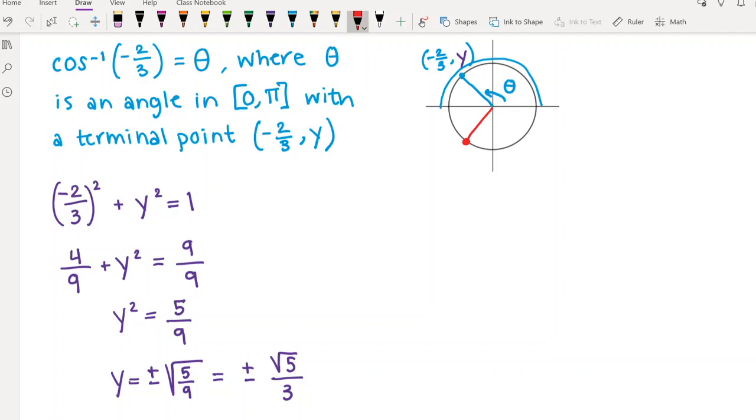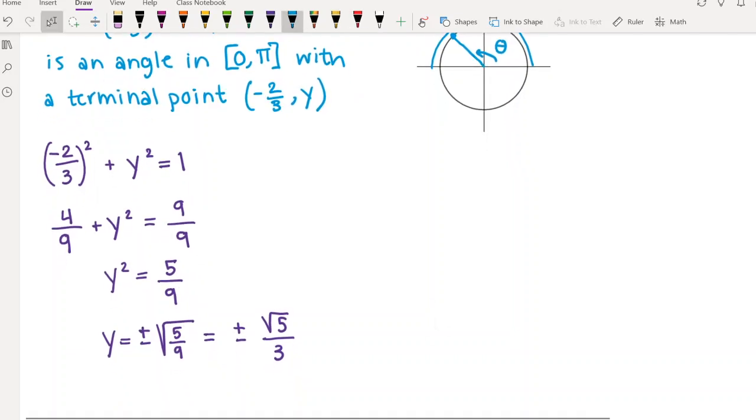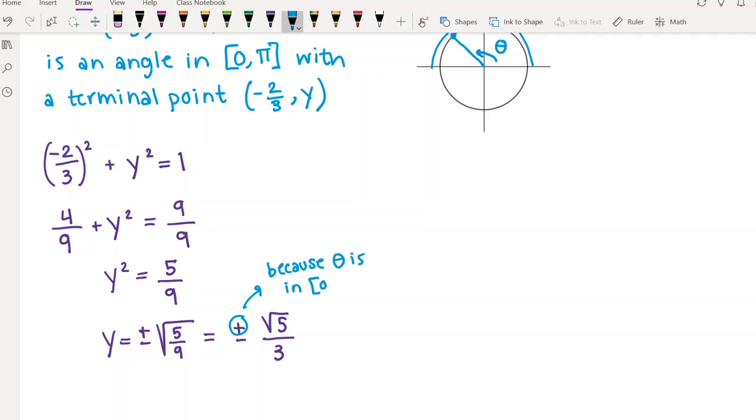That would also be an angle that has an x-coordinate of -2/3, but because we found this angle using inverse cosine, we know for sure that it's in the top part of the unit circle. And so this tells us that it's positive. And this is because theta is in the interval from 0 to pi.